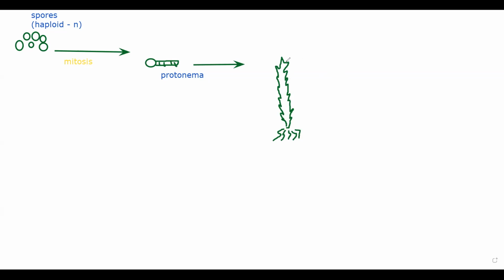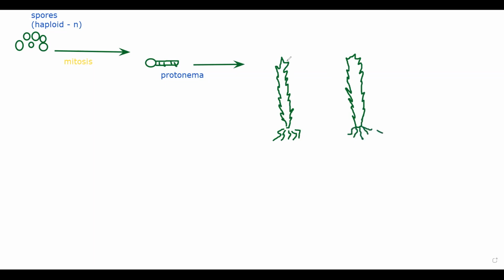Now, there is a male and a female gametophyte, which have different reproductive structures at the tip of each stalk.